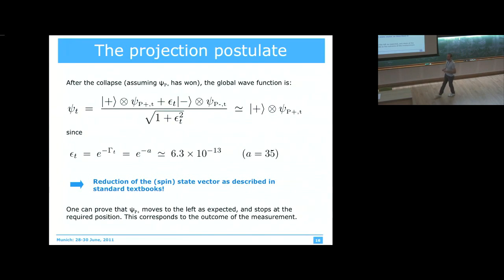So the lesson that you learn from collapse models, which is the same lesson in Bohm mechanics, is that particles are particles, but it's not that a quantum particle has a momentum with a hat on top, or an energy with a hat on top, or a spin with a hat on top.